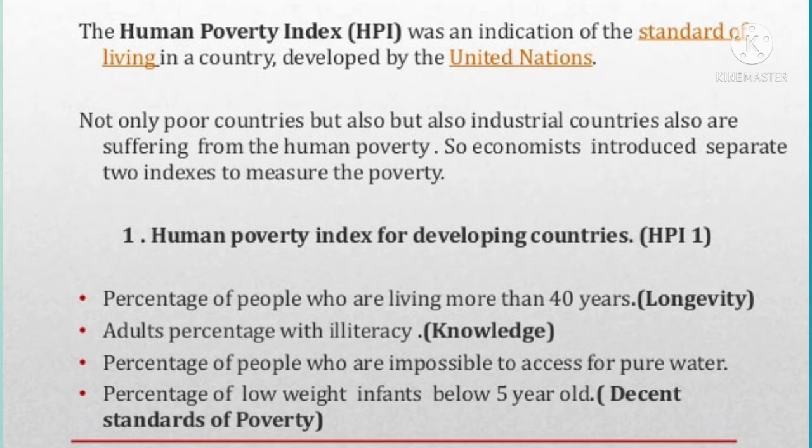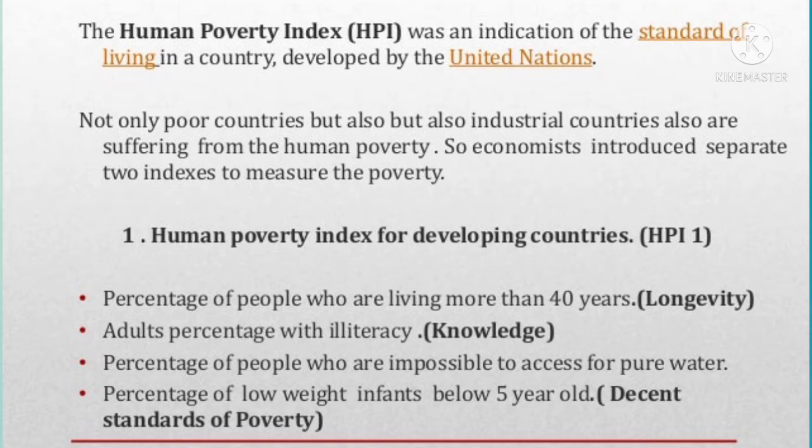Now let's see what is the Human Poverty Index. In order to reflect the gaps in the Human Development Index, the United Nations came out with the Human Poverty Index or HPI in 1997.